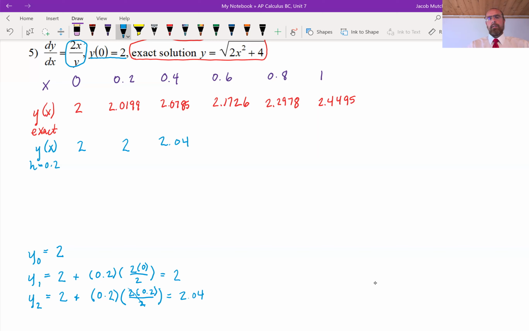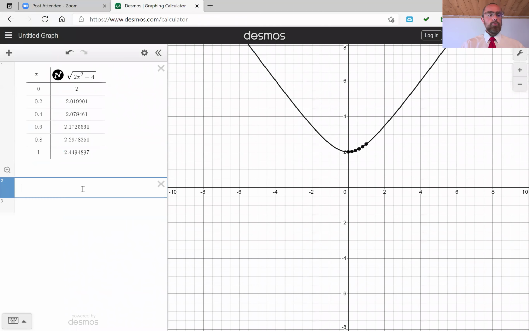So at this point, I have the process set. I know what I'm looking at in terms of going from one term to the next. Once I've got that in mind, I'm going to head over to the calculator as these values start to get larger in terms of their decimal expansion. So let's head over to Desmos, and we'll pick up.